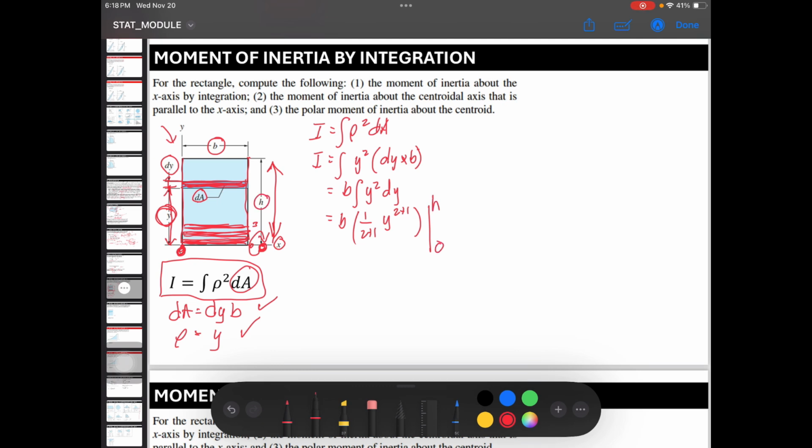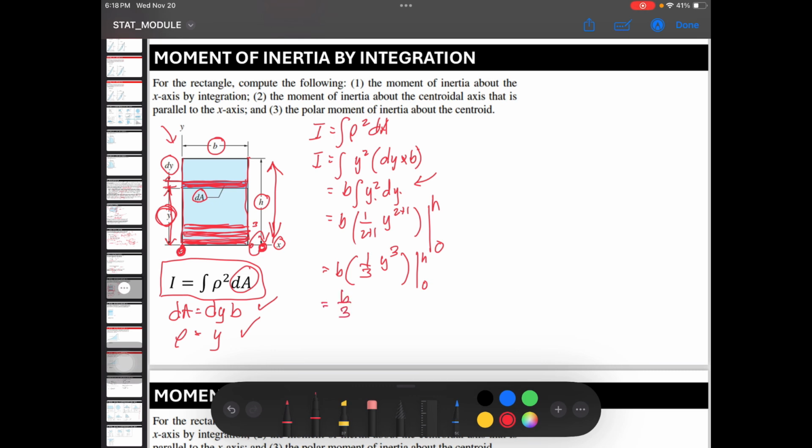Another clue, since ang mga variables natin are in terms of y, our limits should be in terms of y. So, h yun, yung dimension along y. So, let's simplify first: b, 1/3 ng y cubed, evaluated 0 to h.